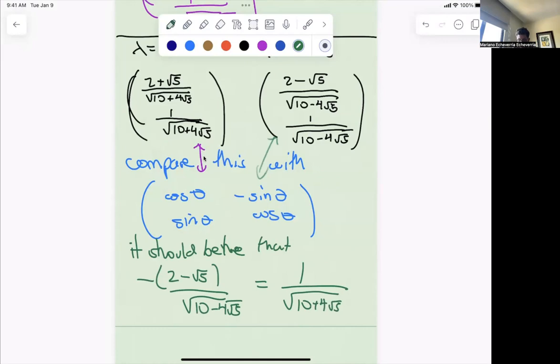Yes, that will happen. It's just that because it has so many fractions, it's not so clear to see. You have to simplify the expression.